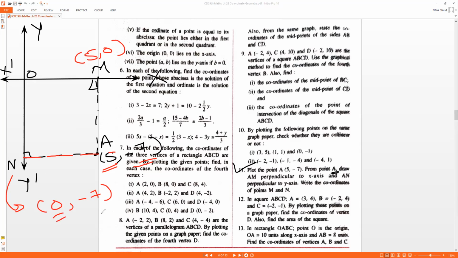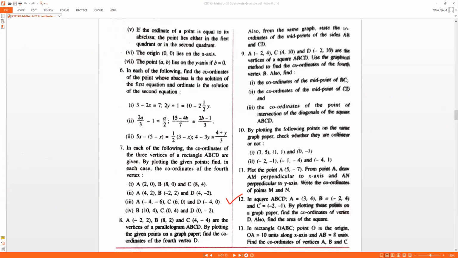Remember that, it's very simple. Any point which lies on the y-axis has x coordinate 0. Any point which lies on the x-axis has y coordinate 0. So this is how you have to remember. That's all. So what is M? 5 comma 0. And what is N? 0 comma minus 7. That's all. Got it?